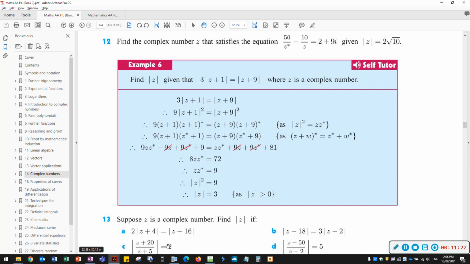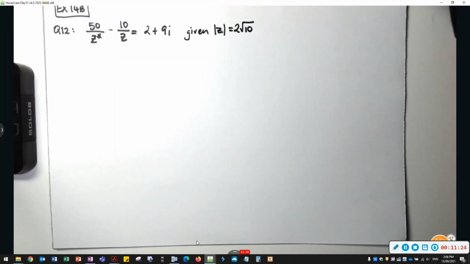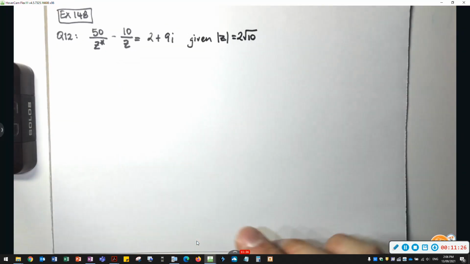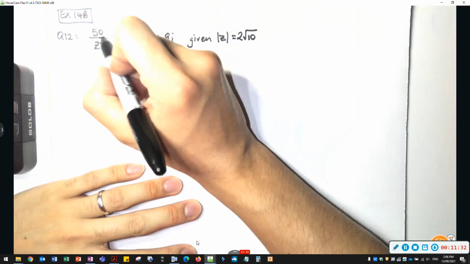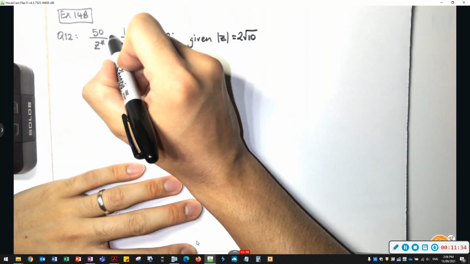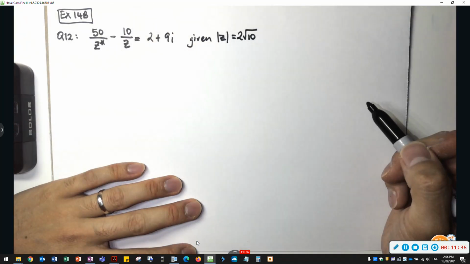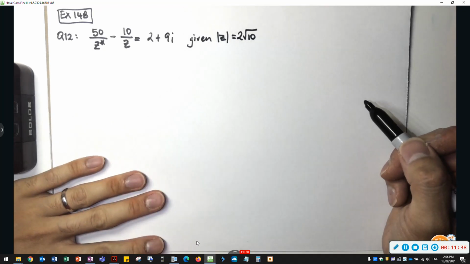Now there are a couple of ways to approach this. You could let z equals a plus bi, and then we can equate components. Let's give that a go, but you should find that using the properties of the z is actually going to be a whole lot easier to work this question out.